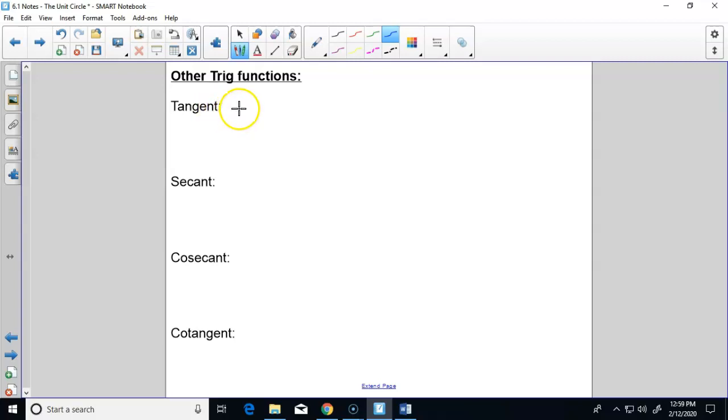You may or may not have learned this before. Tangent of theta. We know it equals opposite over adjacent, but it also equals sine of theta over cosine of theta.